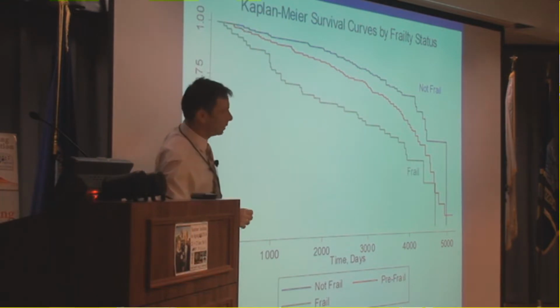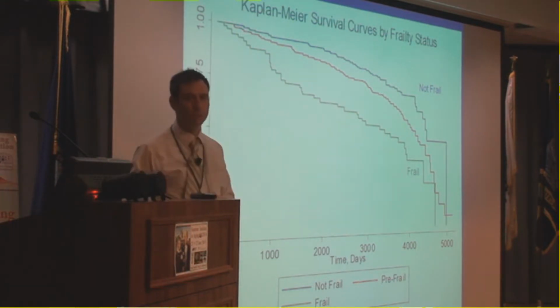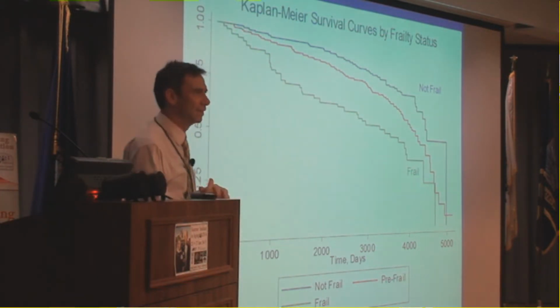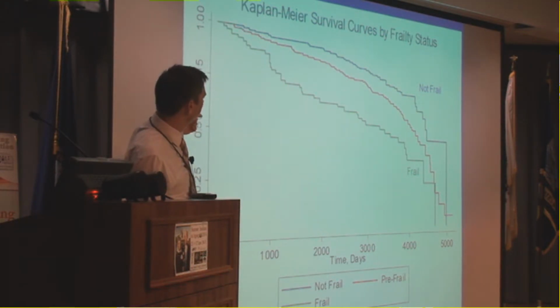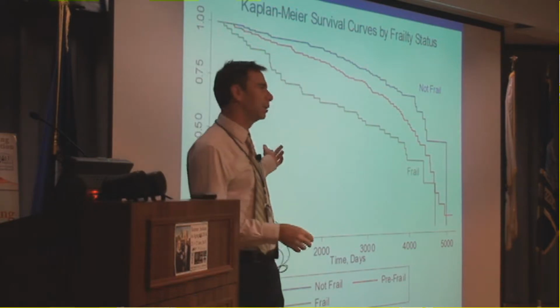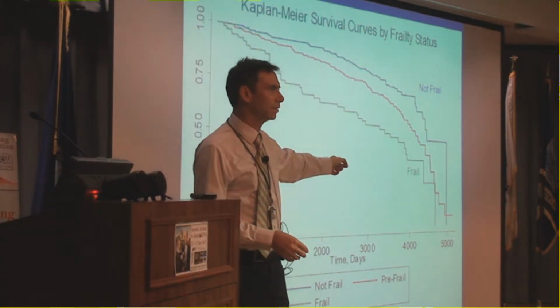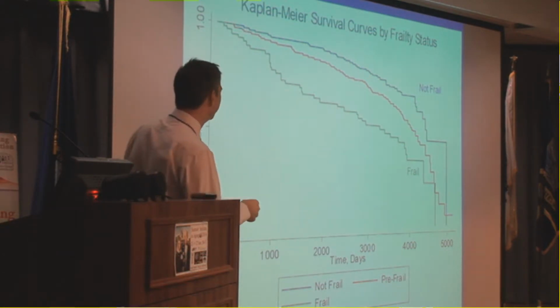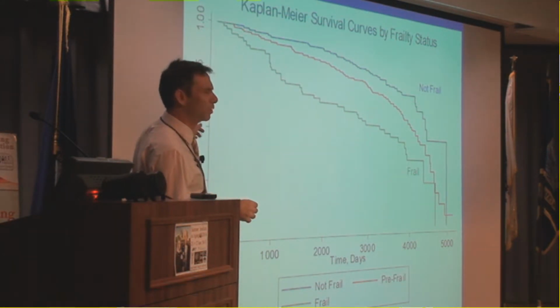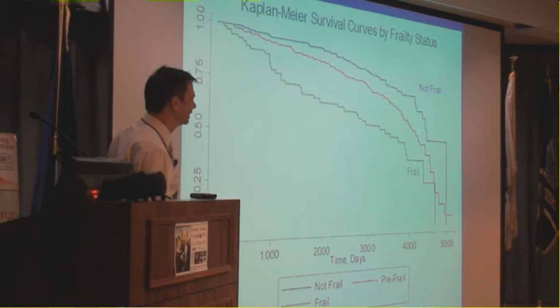So let's see how many more years a person who's about 75 has to live, depending on frailty. If a person is frail, and someone has a calculator, I always forget what 5,000 days is in terms of years. It's like 14 or something.